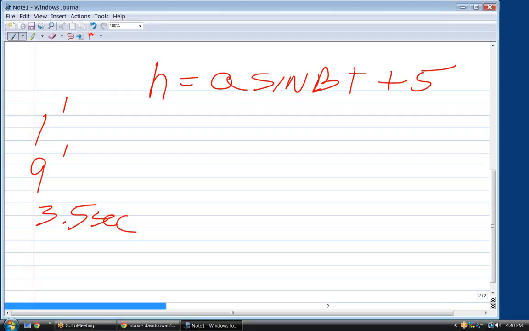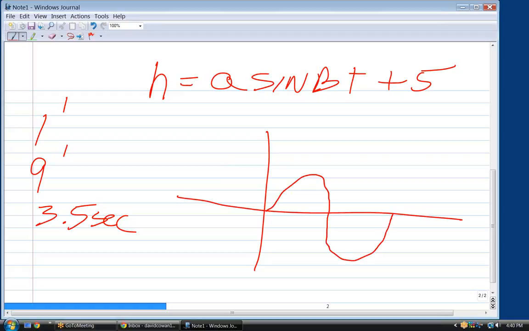When you're given a minimum and a maximum, how do you get A? A would be the maximum minus the minimum divided by 2. In fact, let's draw this because this will help you remember, because you get A and D in a very similar way.